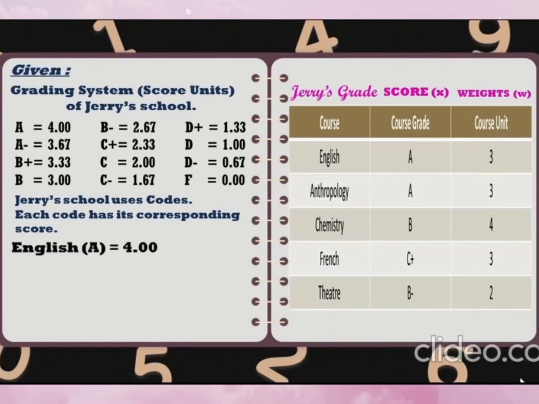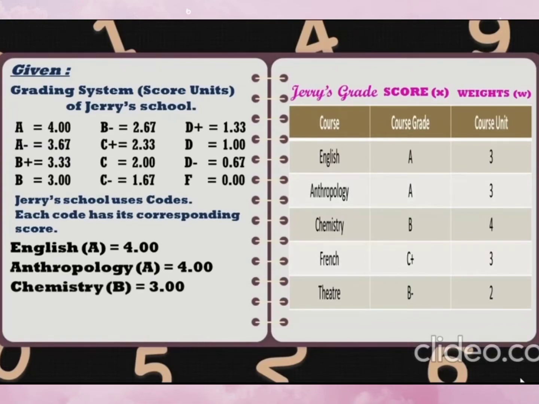For English, he got a grade of A with 4.00. For Anthropology, he got a grade of A with 4.00 as well. For Chemistry, he got a grade of B with 3.00. French subject having a grade of C positive with 2.33.